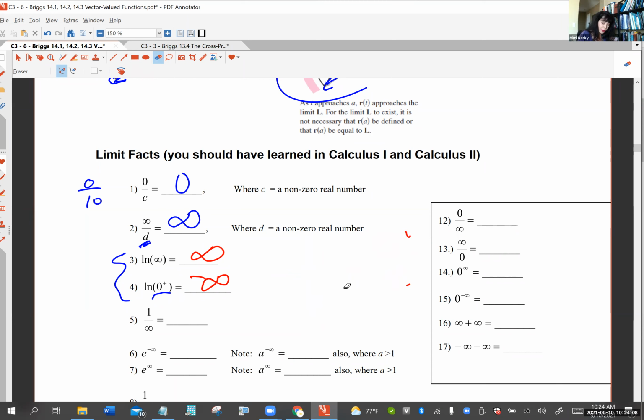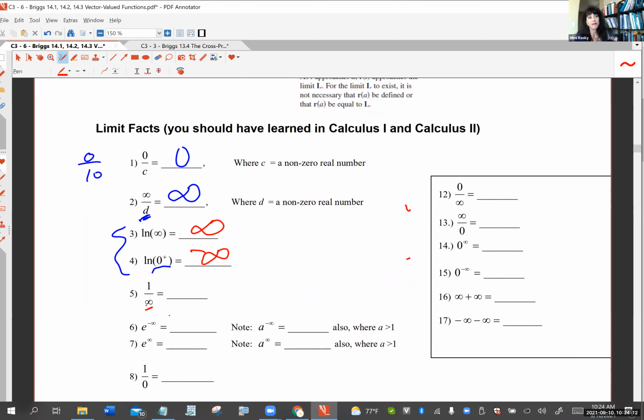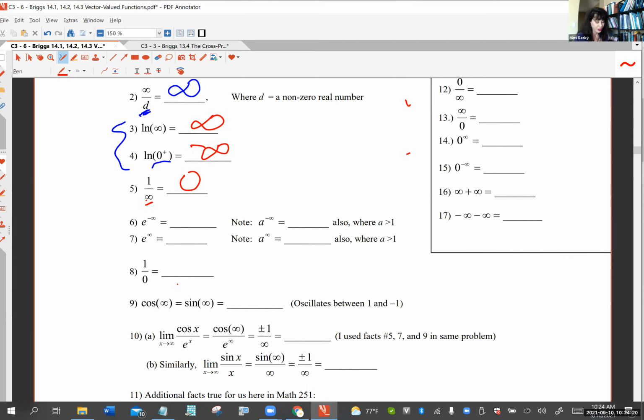All right, keep going. What's 1 divided by infinity equal? Keep in mind infinity, if you know, good. Yeah, that could be like 1 divided by 2 billion. Well, it's a tiny number, approaches 0. Okay, now let's look at some exponentials. If you forget any exponentials, I encourage you to graph e to the x. You know that kind of graph from your days of pre-calc and so on.